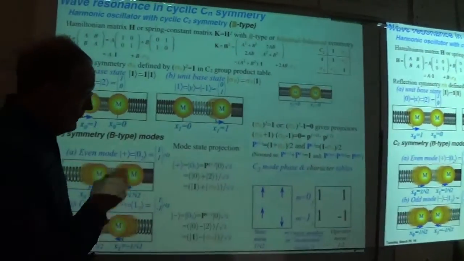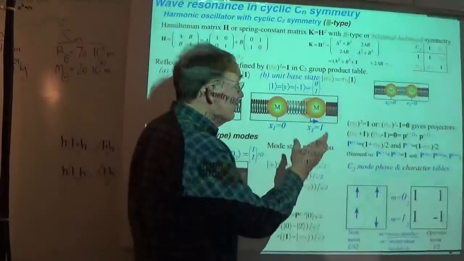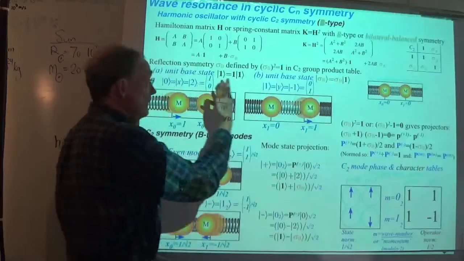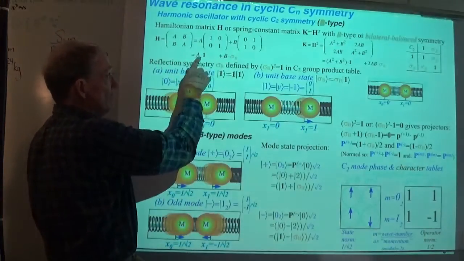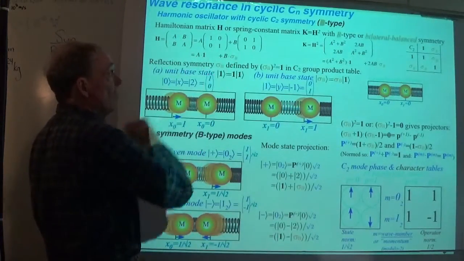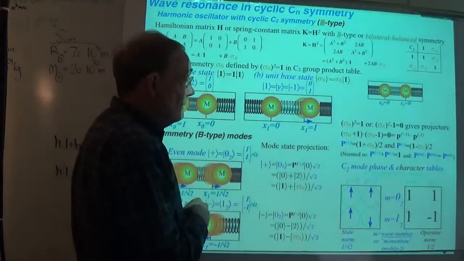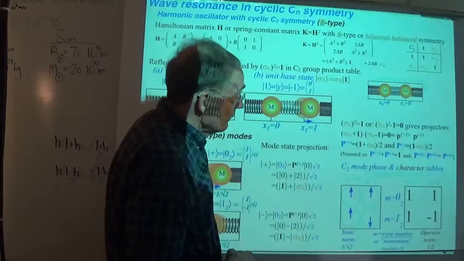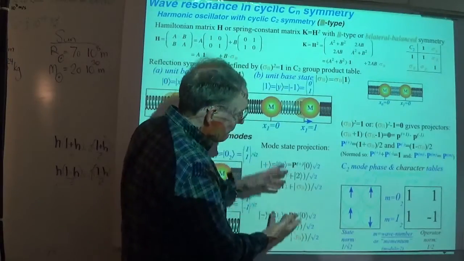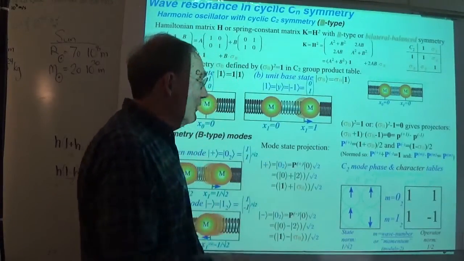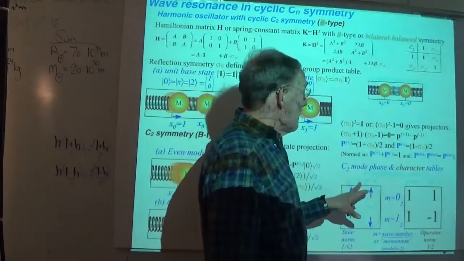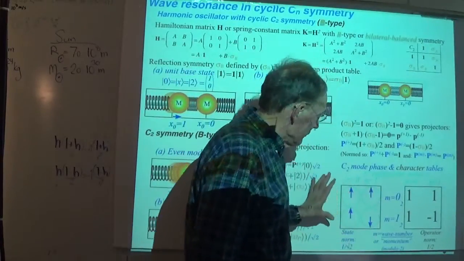Now, one of the things that's important is that if you just deal with operators, if you let operators do all your labeling, and you let the operators make your Hamiltonian, this is just a linear combination of the two operators that are describing the symmetry here. If you do that, you never have square roots, whereas if you must insist on working with the old-fashioned kets and bras, now they seem old-fashioned, they were very modern when they first came out, that is the case here.